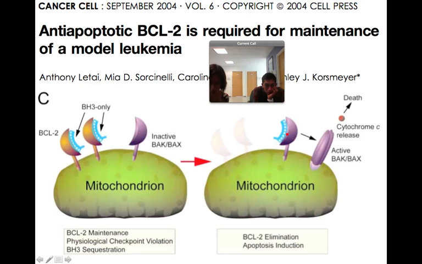So it's these heterodimers, and then this, of course, is an oligomer. There's more than two. There's a bunch of them. They come together, and they essentially poke a hole in that mitochondrial membrane and allow the cytochrome C to get out. When the cytochrome C gets out, it binds to APAF1, forms an apoptosome, and the cell's a goner.